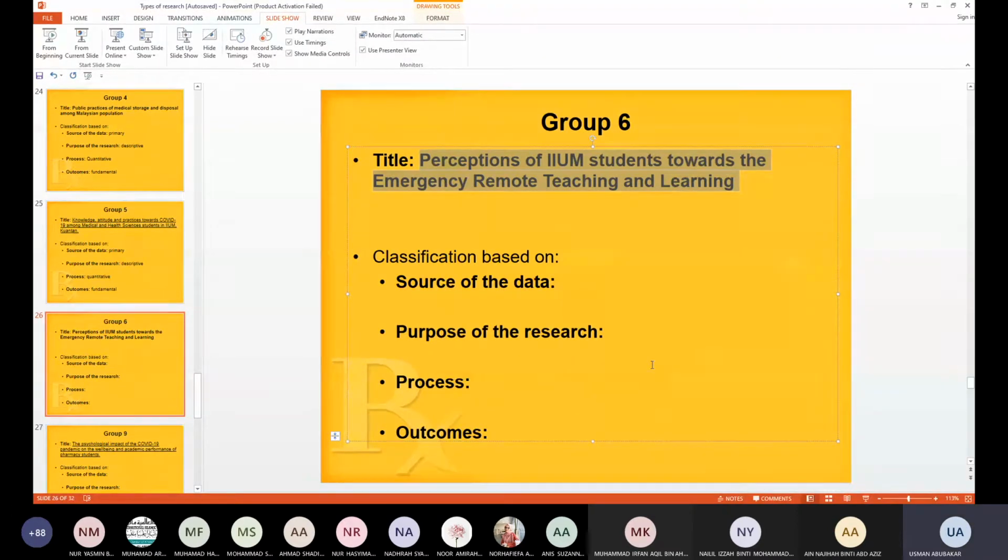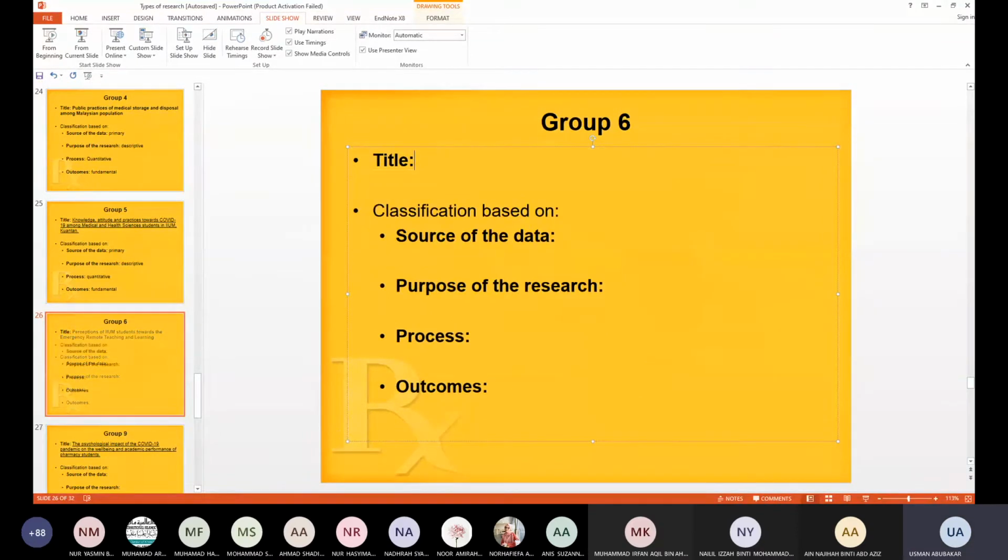Group 6. Sorry, there's a mix up here. Group 6. Who is the group leader for group 6? If he or she is not here, can any member speak up?